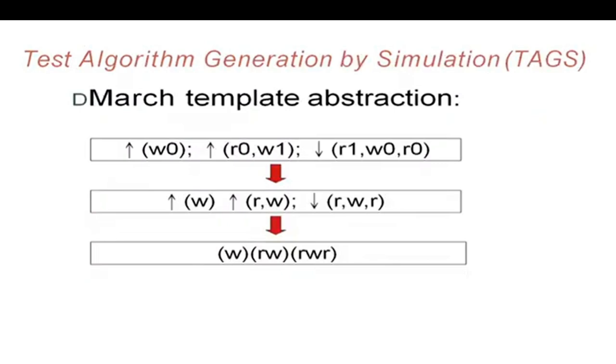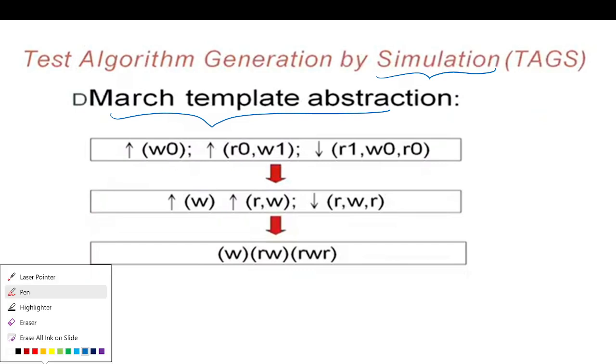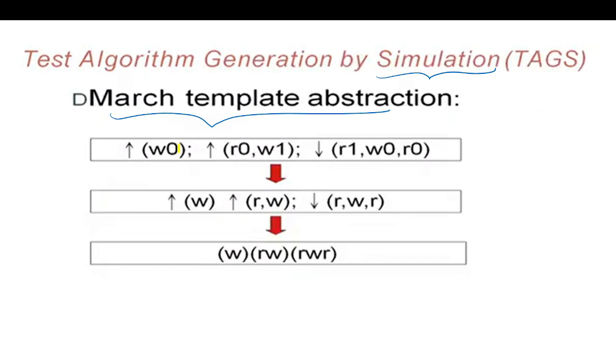So for the test algorithm generation by simulation, we have a March template from the abstraction. First we mention these read 0, 1 values, like what are the values which you want to read.